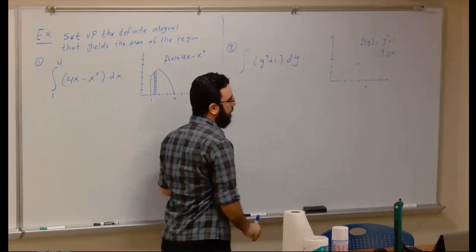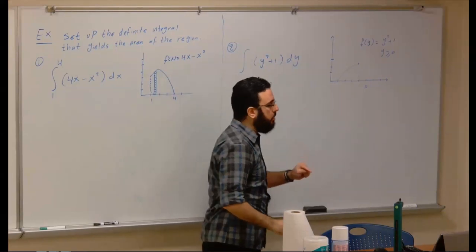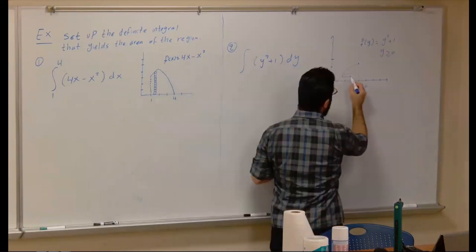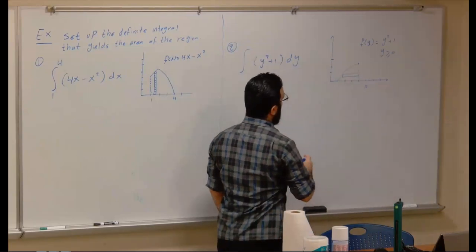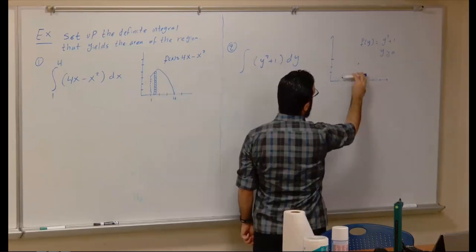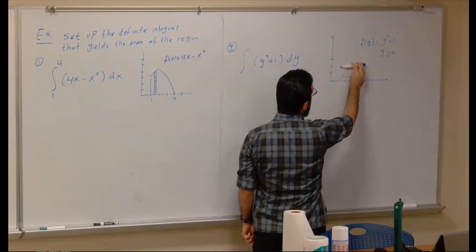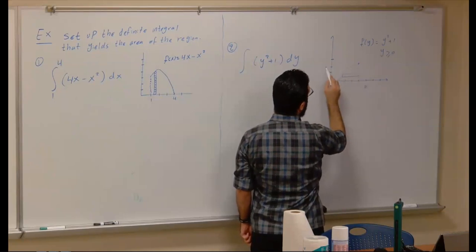And be careful. That means the rectangles are going to be for the y. Your rectangle is going to work like this with respect to the y coordinate. Start from y equals 0 to y equals 2.